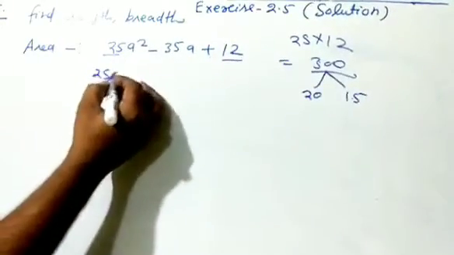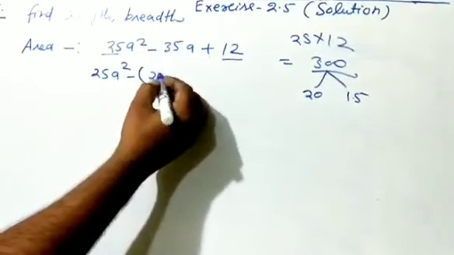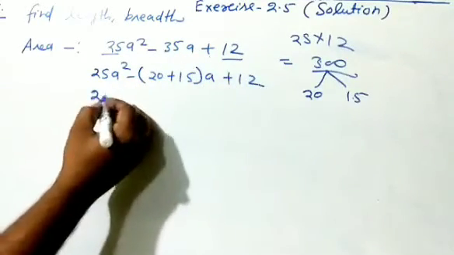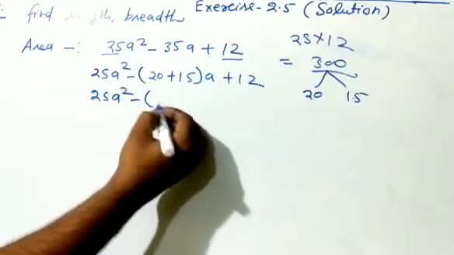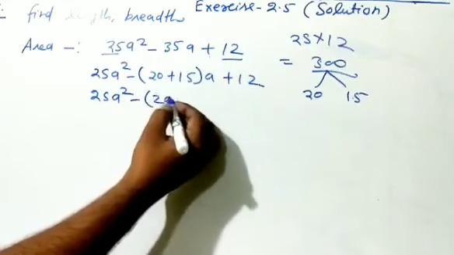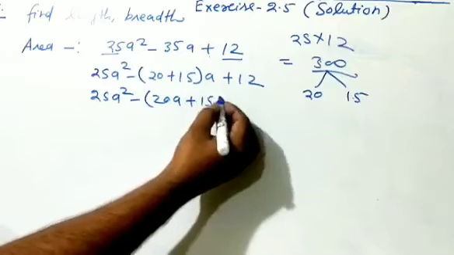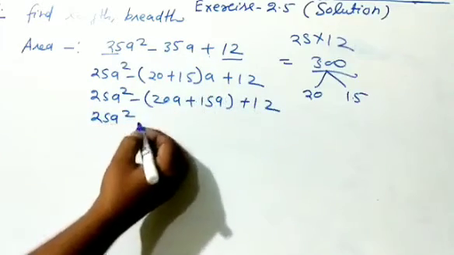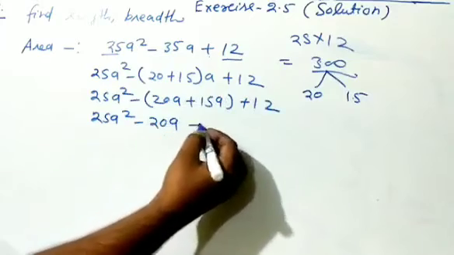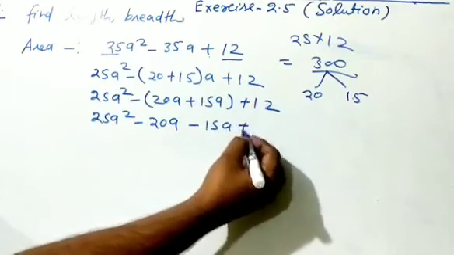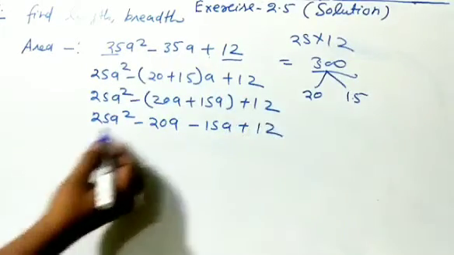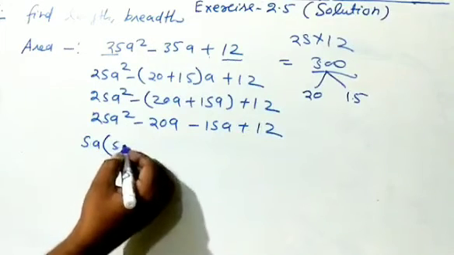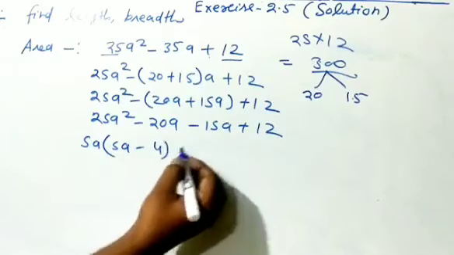So I'm writing 25a square minus 20a minus 15a plus 12. Open the bracket: 25a square minus 20a minus 15a plus 12. Take 5a as common, it is 5a minus 4.